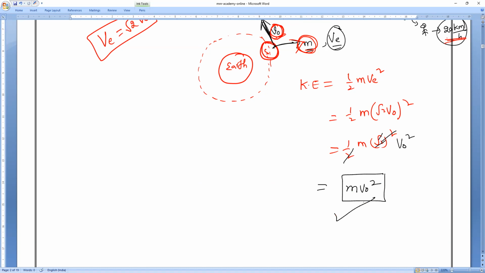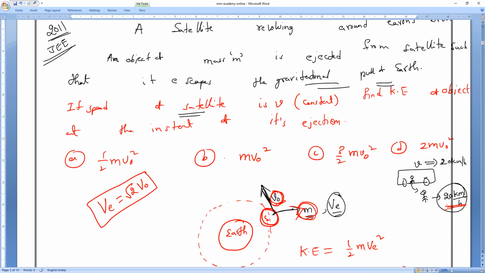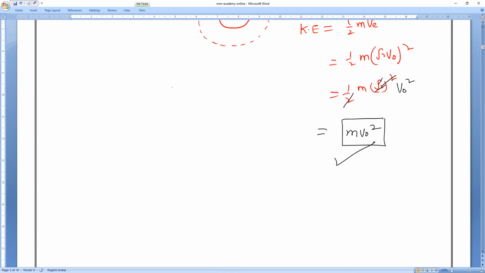So which is the correct option, everybody? m v naught square, this is the option. It is the kinetic energy of the mass m thrown from the satellite. I hope you all understand.